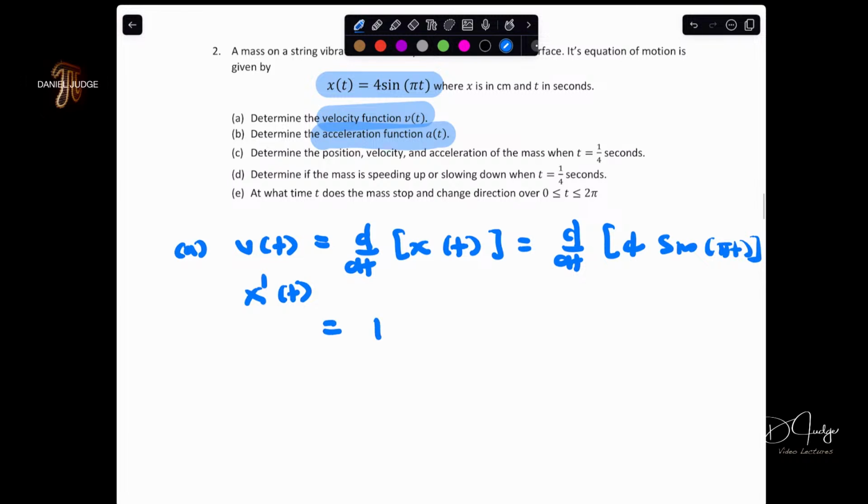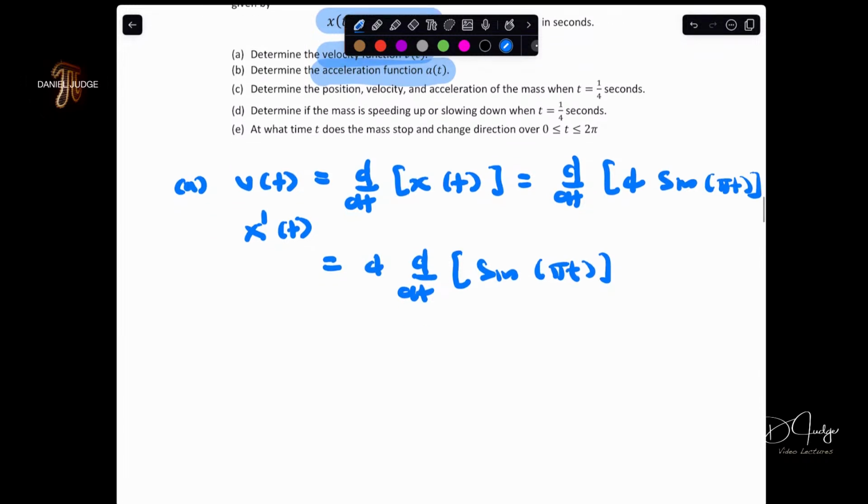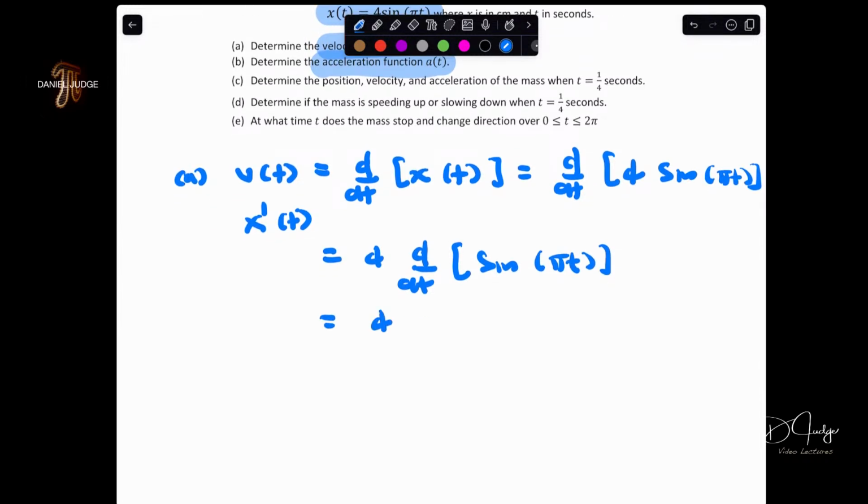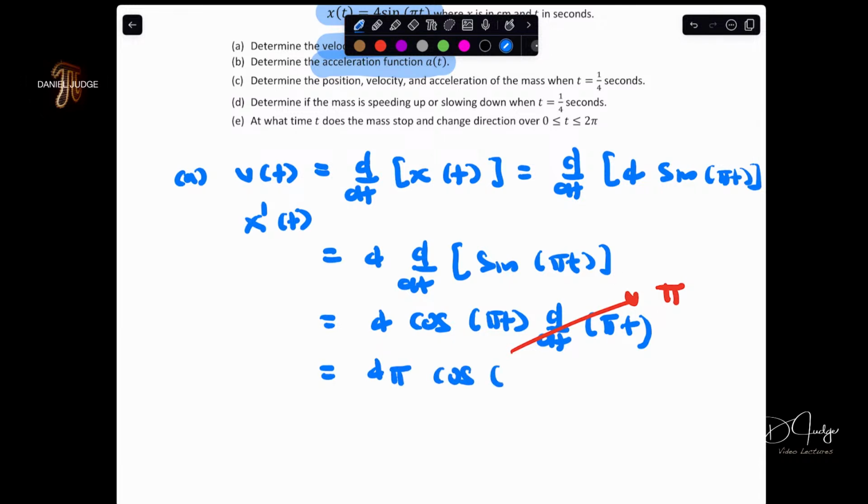Well, the derivative of sine is cosine pi t, but do not forget the chain rule, because this is chain rule. Don't forget the chain. So this is pi. So we end up with 4 pi cosine pi t, and this is my velocity function. Okay, it involved chain rule.